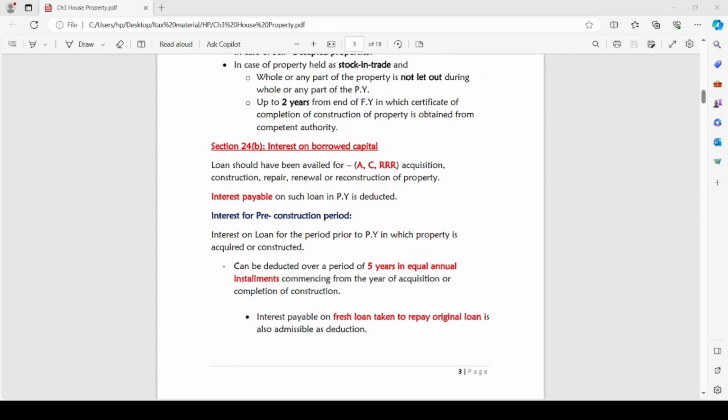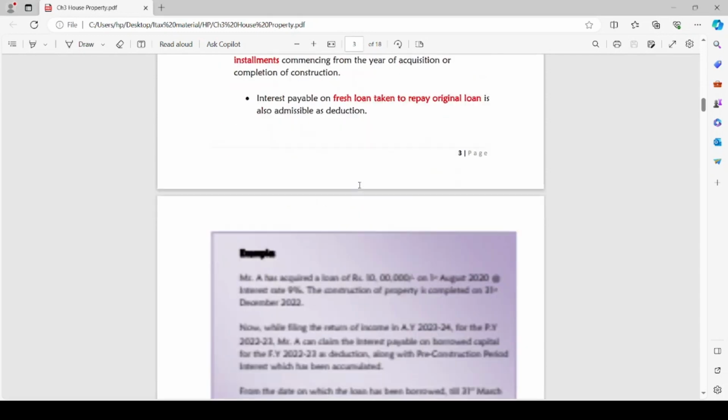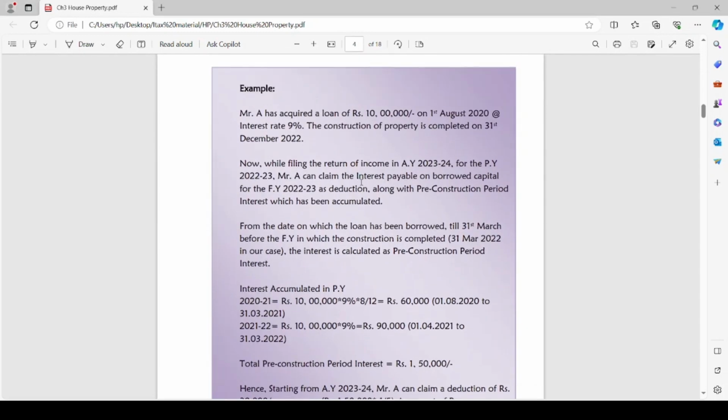Let us go through an example to get clarity on this concept. Here, Mr. A has acquired a loan of rupees 10 lakh on 1st August 2020 at interest rate 9%. The construction of property is completed on 31st December 2022.